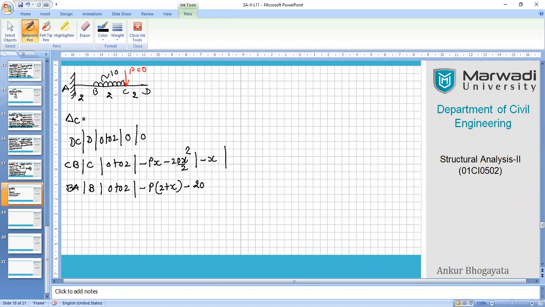Sorry, here it will not be 20, it is 10. 10x square by 2. Here it will be 20 into 1 plus x. And here it is 2 plus x. So now I'll sit back, relax, and you just give me the answer.